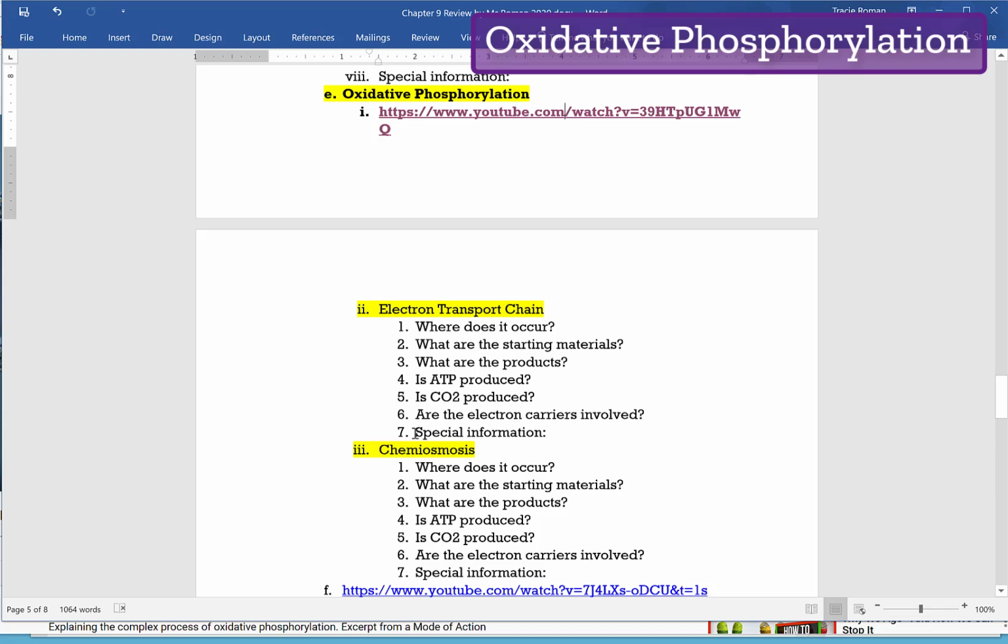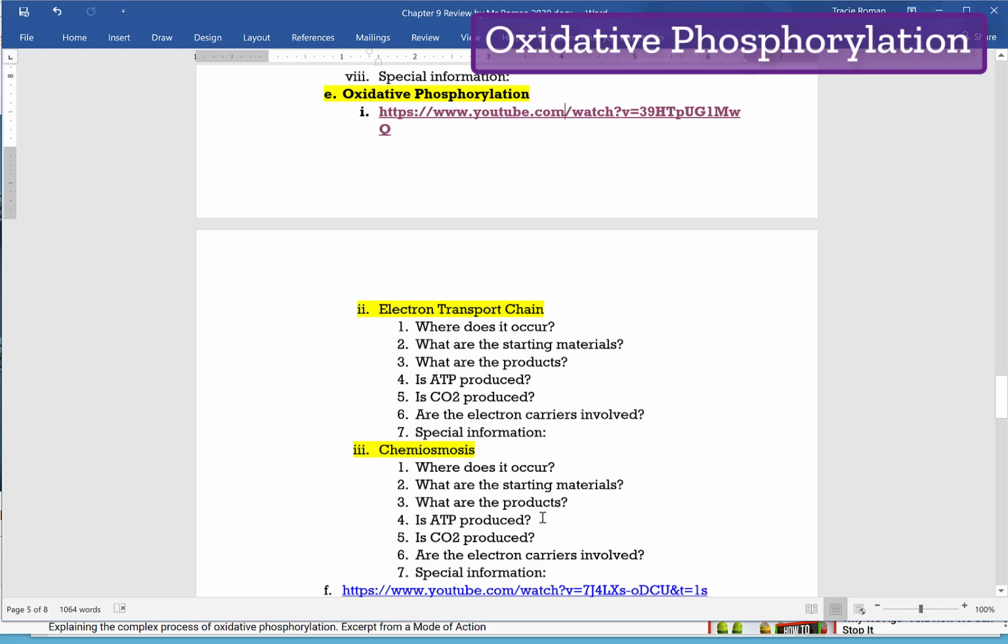So chemiosmosis is also embedded in the membrane. ATP synthase is the transport protein and enzyme that will move protons from the inner membrane space into the matrix by passive diffusion. And the products are ATP.